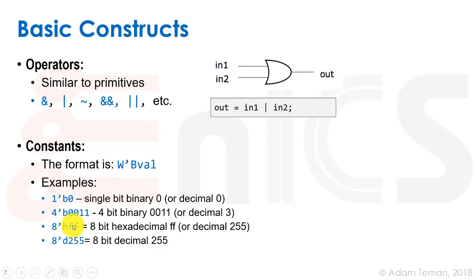FF is 1111, and then another 1111. So it's an 8-bit hexadecimal, and that in decimal comes out to 255. Often we like to work in decimal because that's how we think. So we can also just write D here, 255, and it will of course translate all these things into an 8-bit binary word. But we can use those types of encodings.